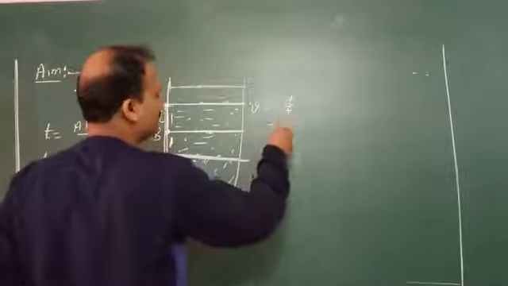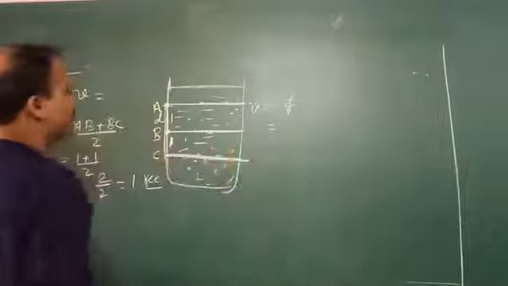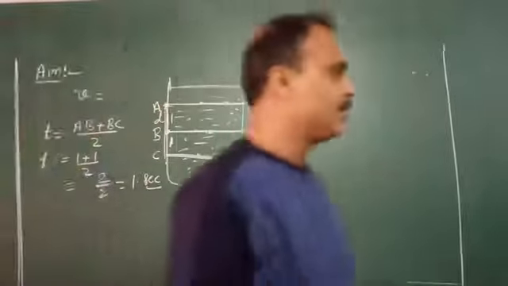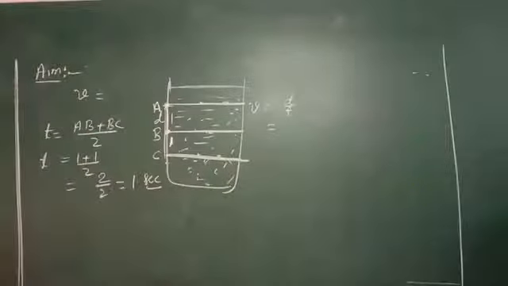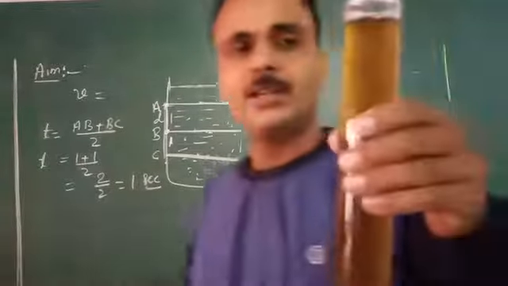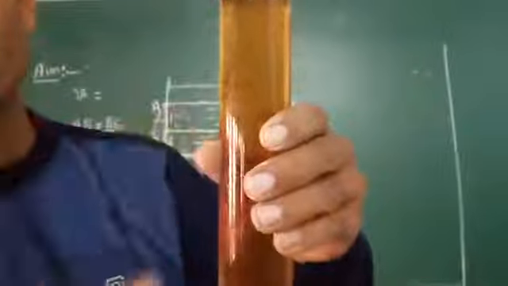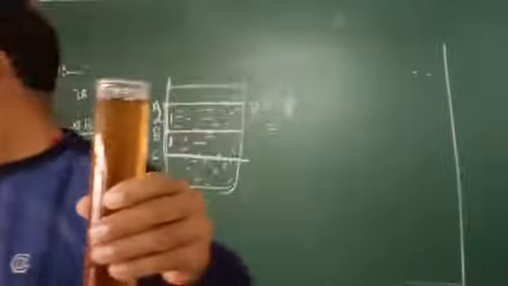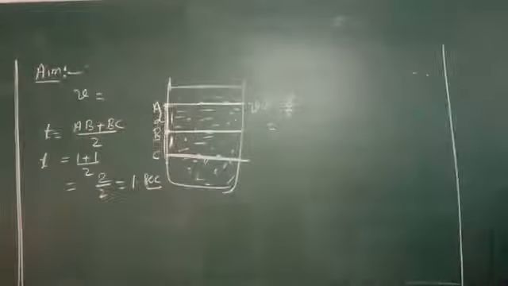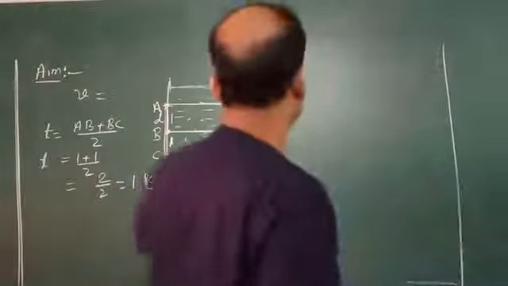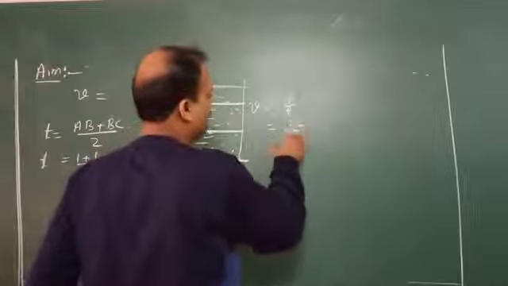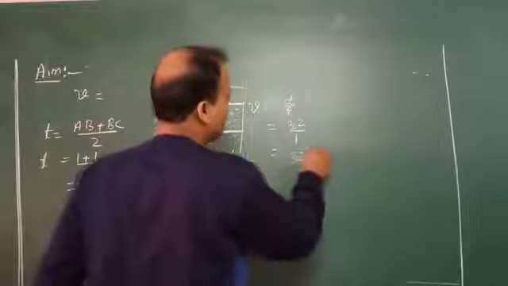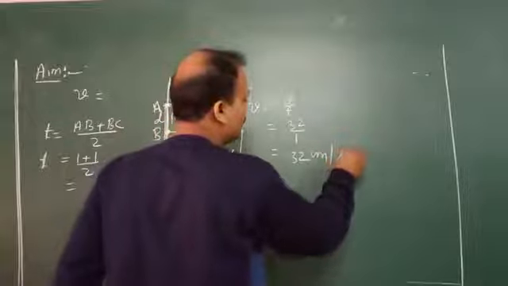I have measured the distance in the viscous liquid, and from this to this it is 32 centimeter. So D is equal to 32 centimeter and T is equal to 1 second, so 32 centimeter per second is the terminal velocity.